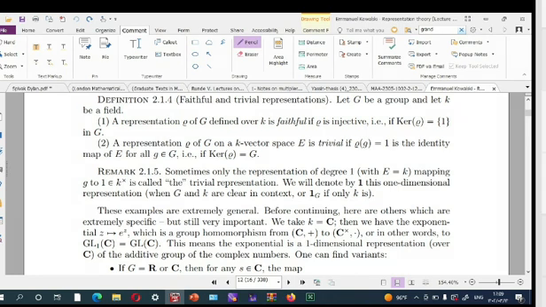And a representation rho of G on a K vector space E is trivial if rho of G equal to 1 for all G in G. On the other hand, the kernel of rho equal to G. Rho is called trivial if rho of G equal to 1 for all G in G, or equivalently the kernel of rho equal to the whole of G.